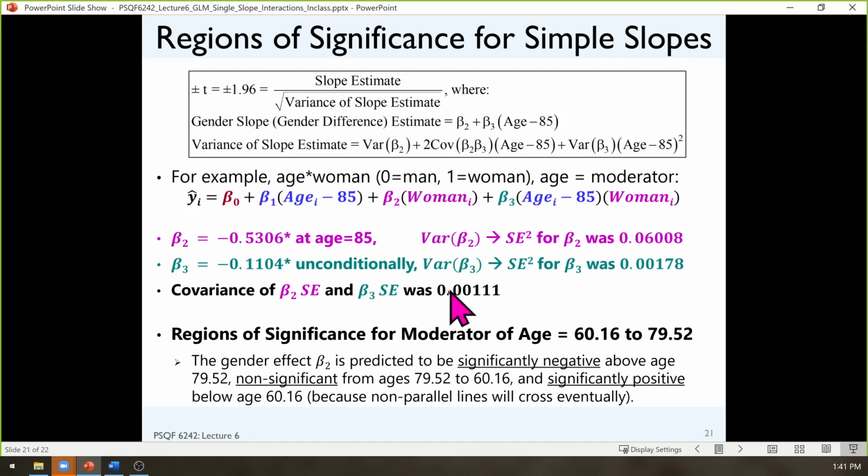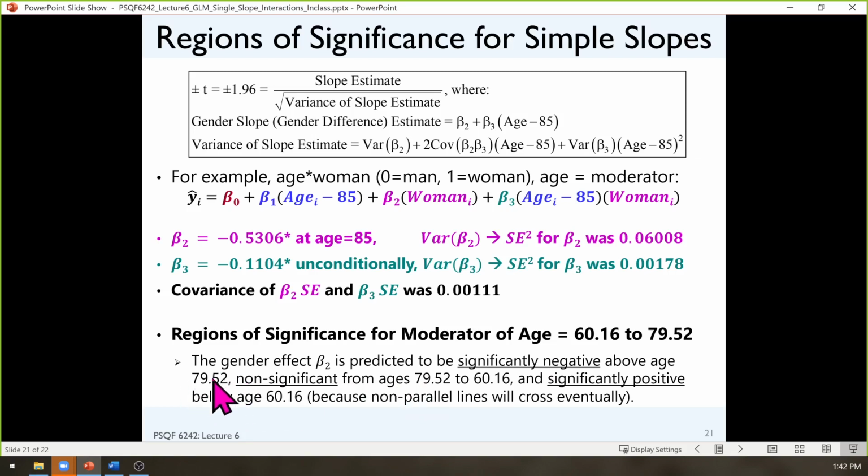And by plugging these values into the calculator, these are the results. So one boundary for the moderator is at age 79.52. So at age 79.52, we have a significant slope that is significantly negative. It stays significantly negative above that point.